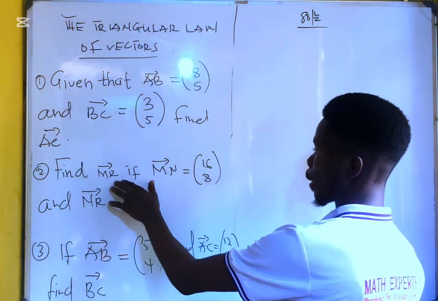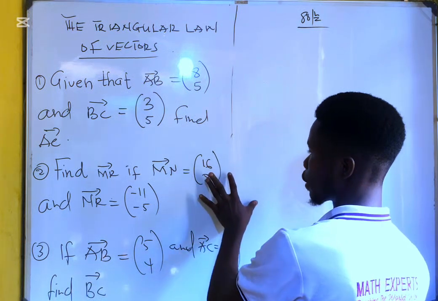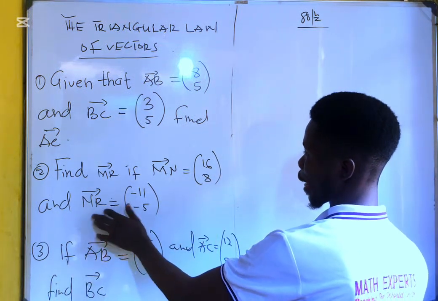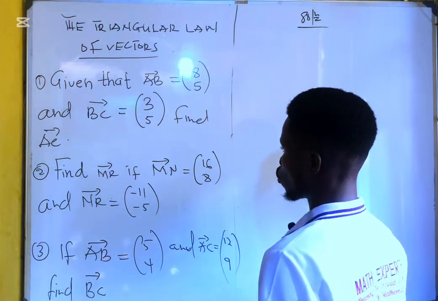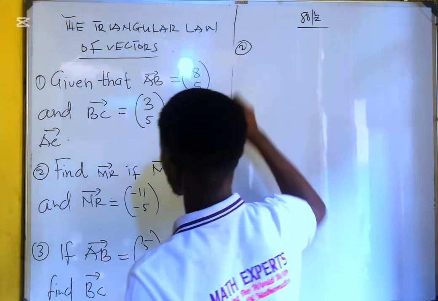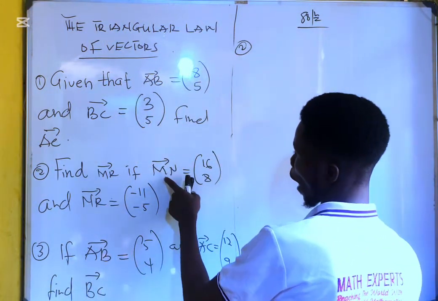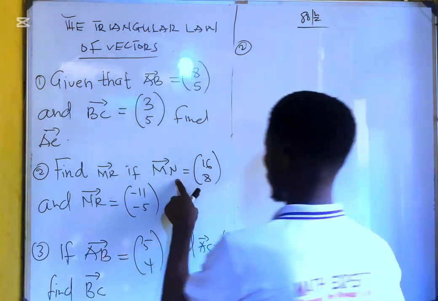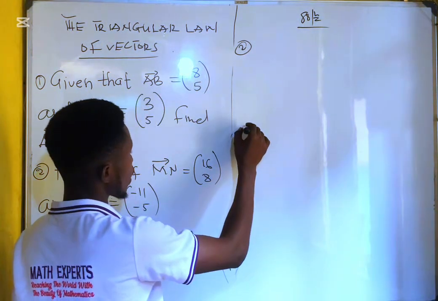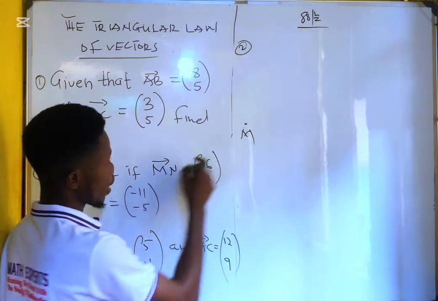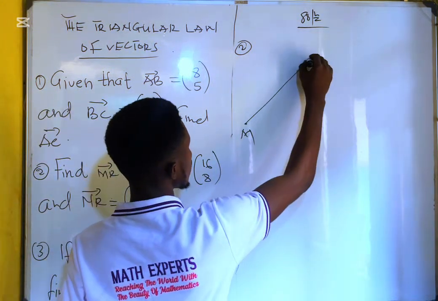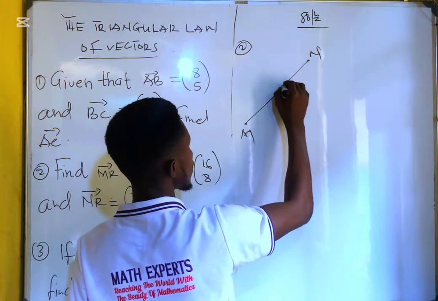Find ML if MN equals 16/8 and NR equals -11/-5. So that's example 2. You are starting with MN. You stand at M, then you move to N, and you bring the arrow.